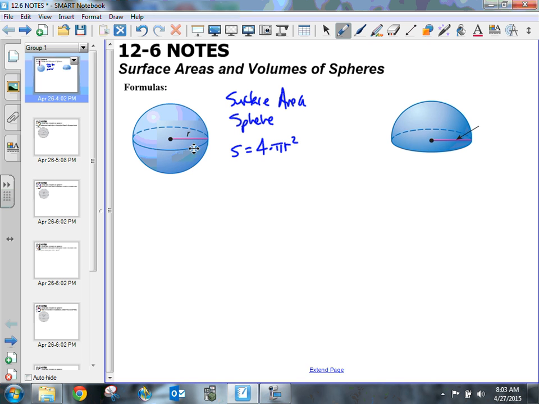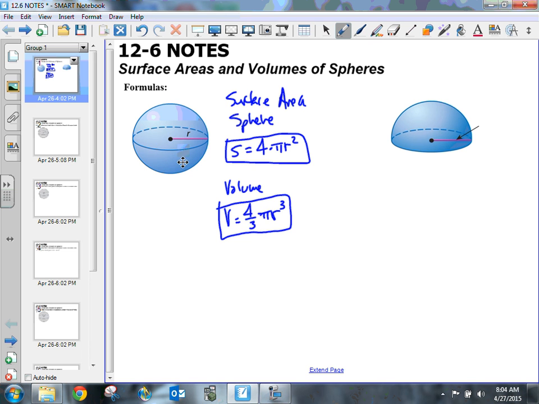Think of it as like the equator on a globe. But this is our surface area. We can actually find the volume of this, and the volume is equal to 4/3 times pi times r cubed. So that's the formula that I'm going to use for volume and surface area for a sphere.